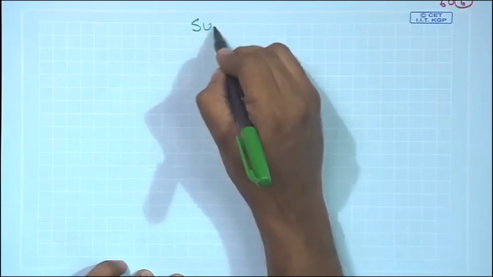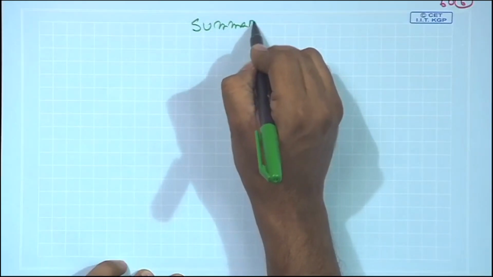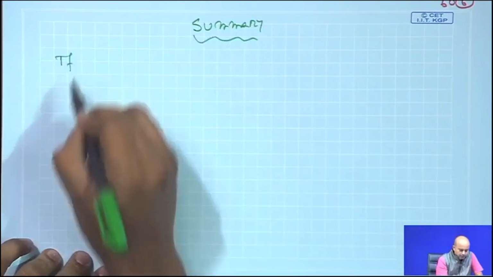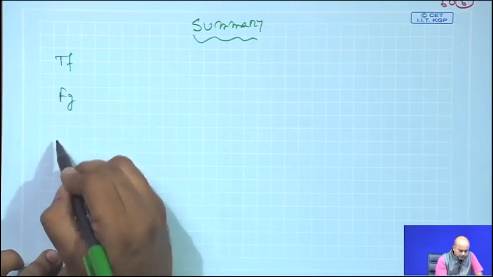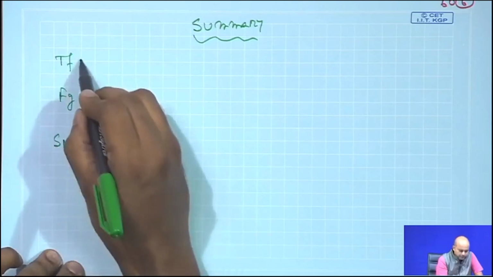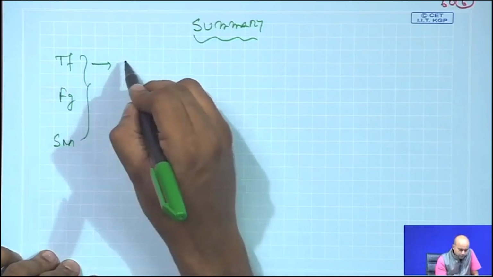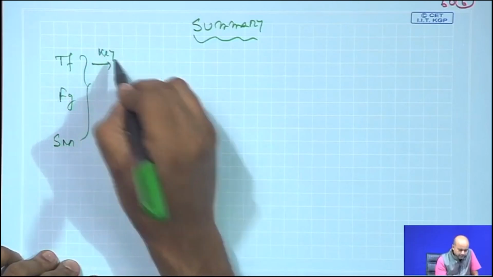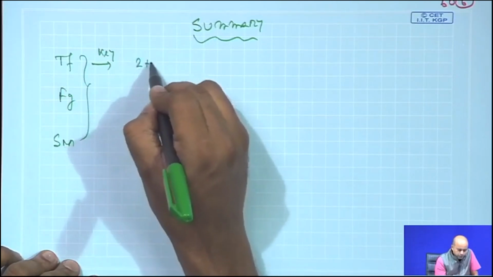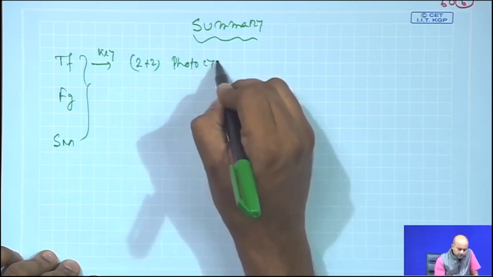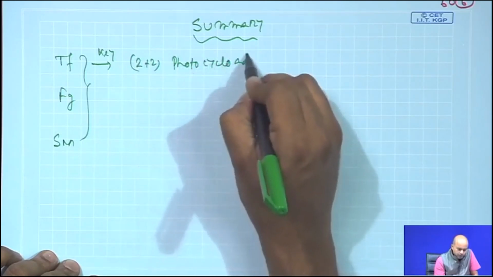Now, if you try to do a summary of the whole synthesis, we always combine the transformation, functional groups, and starting material. The key transformation used was a 2+2 photocycloaddition, which was absolutely useful.